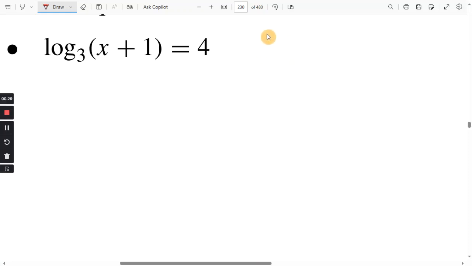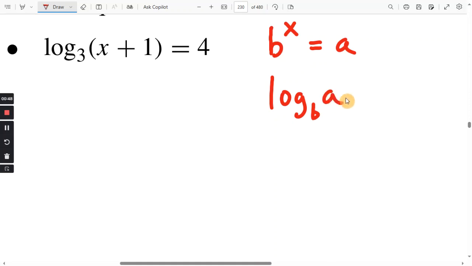If you recall, exponential form, we have b to the power of x equals a, and if you wanted to change that to log form, that would basically be log base b of a equals x. So basically you would take the argument a and put it on the right-hand side of the equal sign.